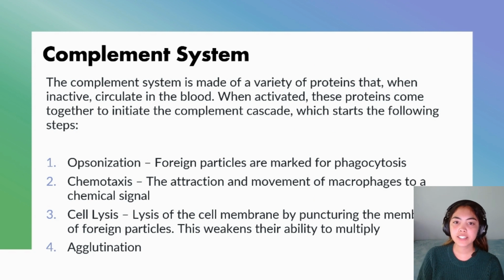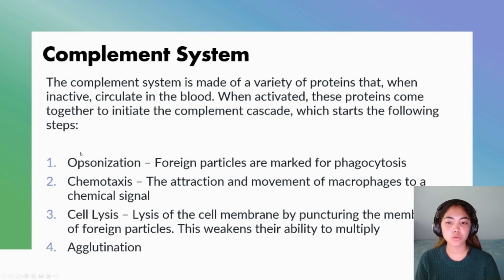So, our complement system is made of a variety of proteins that circulate in our blood when they are not active. When they are active, though, they initiate this complement cascade, which allows for the following steps to happen. Opsonization is where foreign particles are marked for phagocytosis.